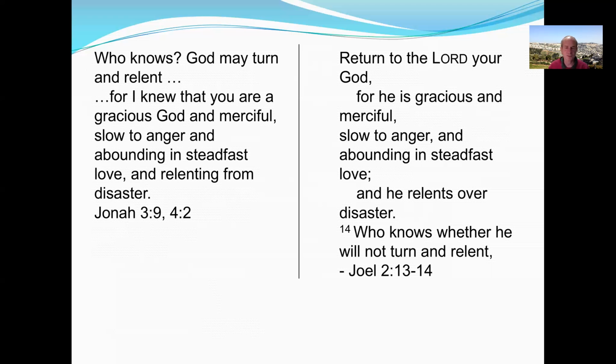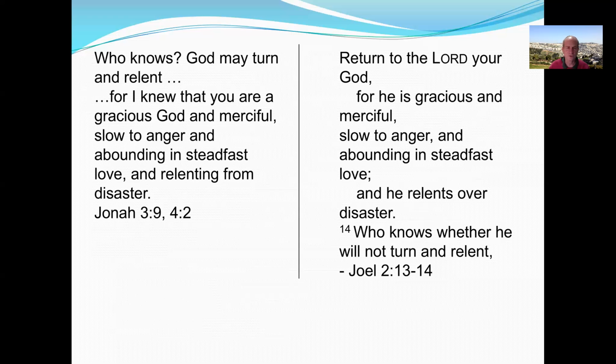But the part about who knows whether he will not turn and relent, in Jonah, the king of Nineveh says that, and in Joel, Joel says it. Well, we can be pretty sure that the king of Nineveh did not read the Hebrew prophet Joel.